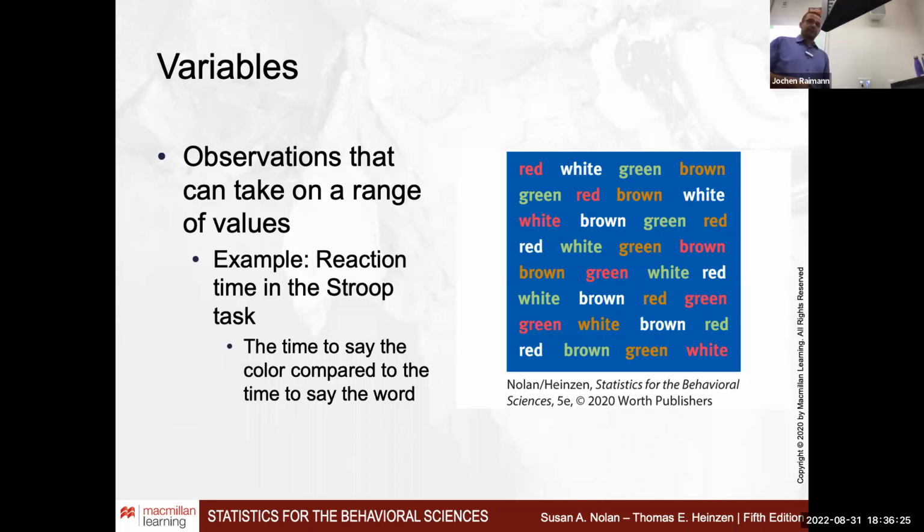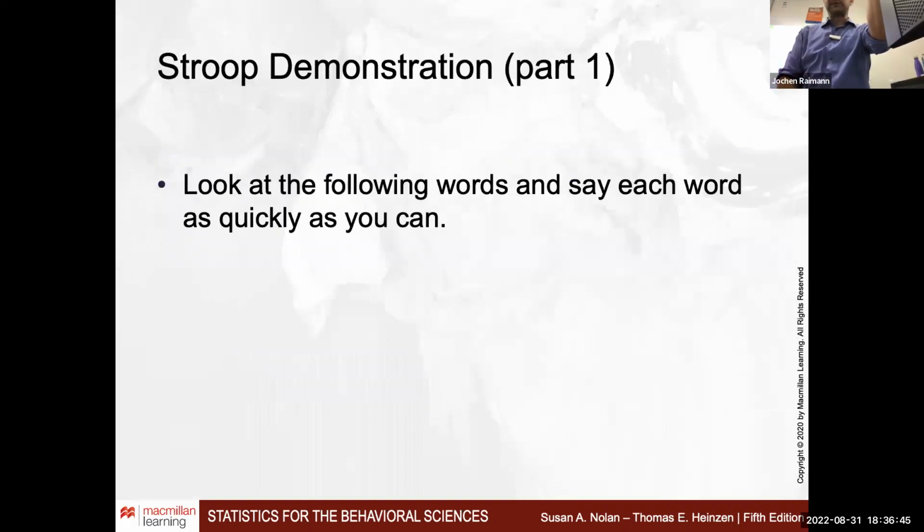In the Stroop test, you're calculating reaction time. And this reaction time is collected in 2 different settings. It's essentially the time to say the color compared to the time to say the word. So it sounds confusing, it's a little confusing, but we will do it.